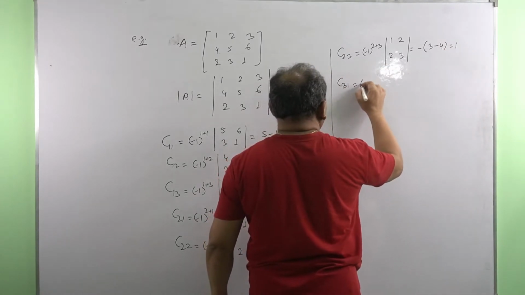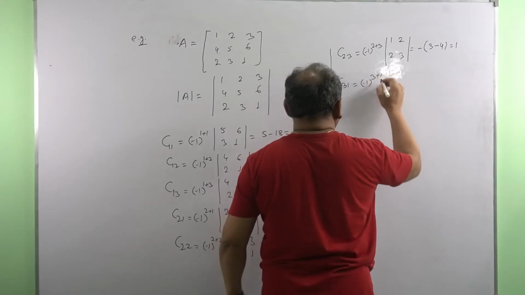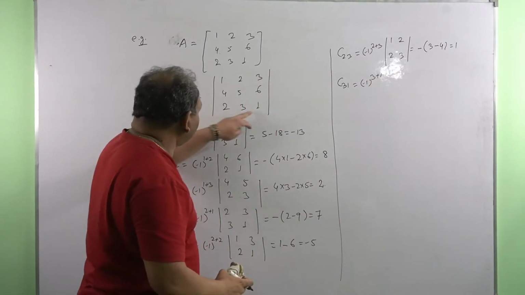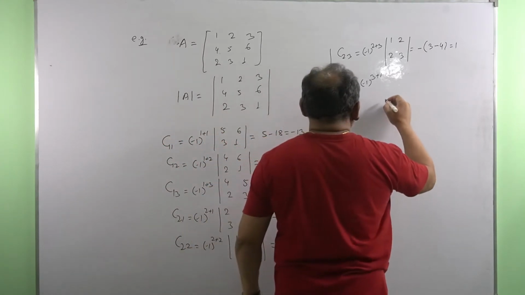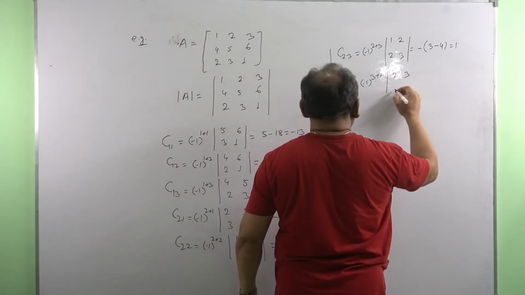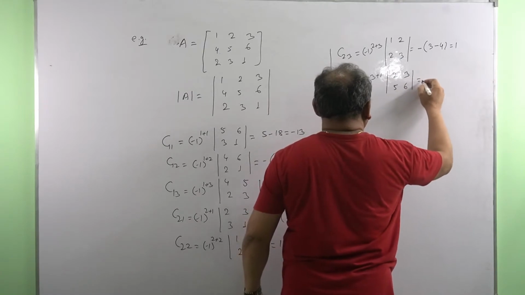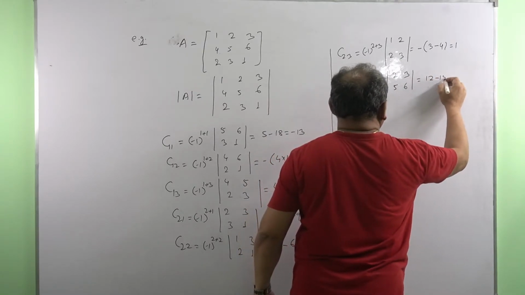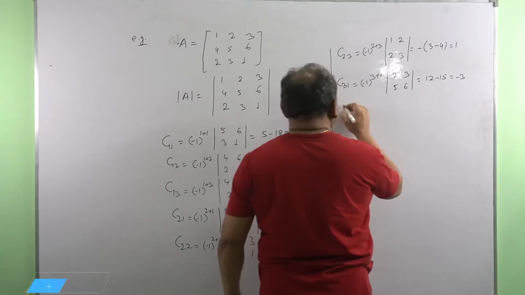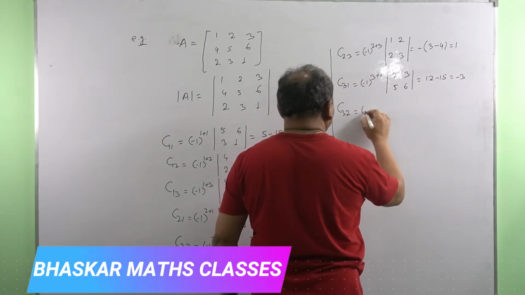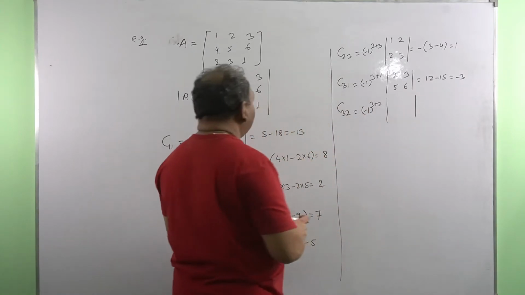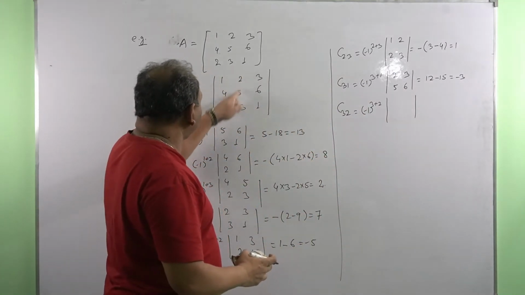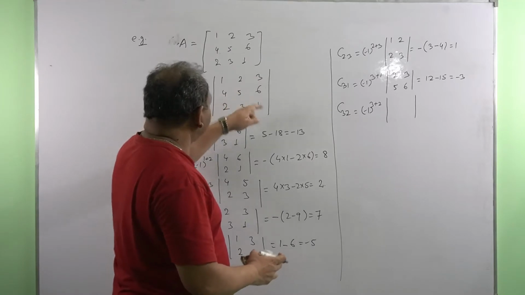C31. Minus 1 raised 3 plus 1, hiding third row, first column. We will get determinant 2, 3, 5, 6. 12 minus 15, that is minus 3. C32. Minus 1 raised 3 plus 2, hiding third row, second column. 1, 3, 4, 6.